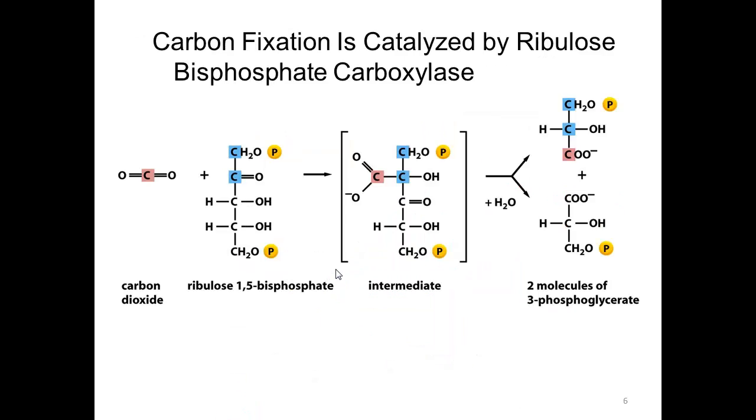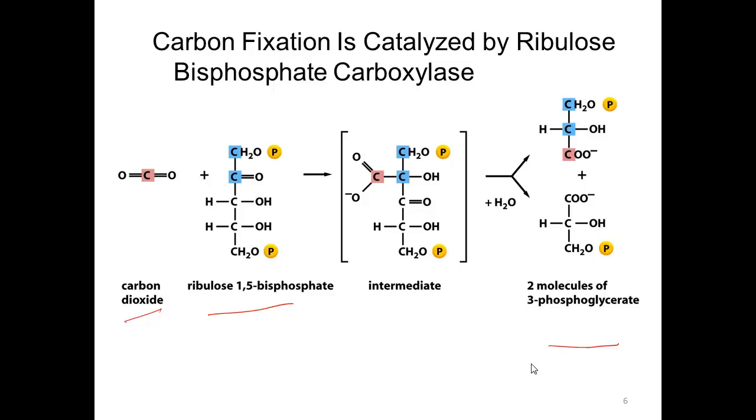Now switching gears to the dark reaction, here you can see what's happening. We have carbon dioxide and a 5-carbon sugar, and we are going to produce 6 organic carbons, 2 3-carbon sugars of 3-phosphoglycerate.